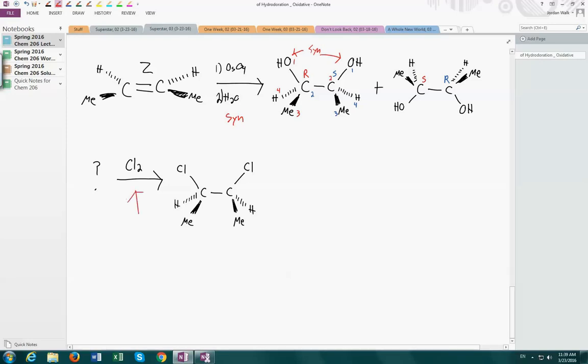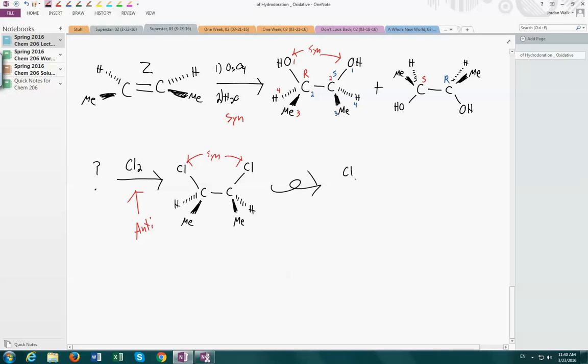And so importantly, the stereochemistry of a halonium-type mechanism, is it syn or anti? It's anti, right? And so what we want to do is basically make sure that we align the 2 things that we've added, in this case the 2 chlorines, in an anti-fashion. Now, as it's drawn, are they syn or anti? Yeah, they're currently syn.